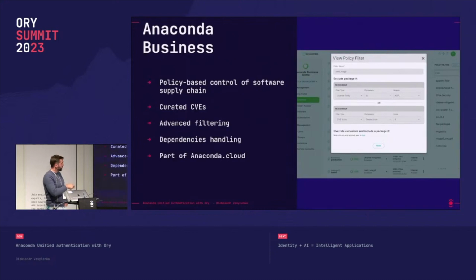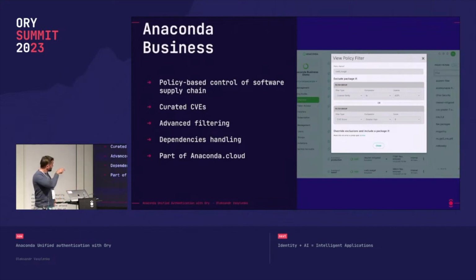For example, you can configure that for your organization you want to use packages for production with stricter rules around CVE score, maybe license family, and maybe softer rules for local development. For example, for data scientists, for proof of concept you can still use some LGPL libraries, but for production, based on policies, you're not allowed. And with this policy filter, we control the repository and access to packages based on these rules.